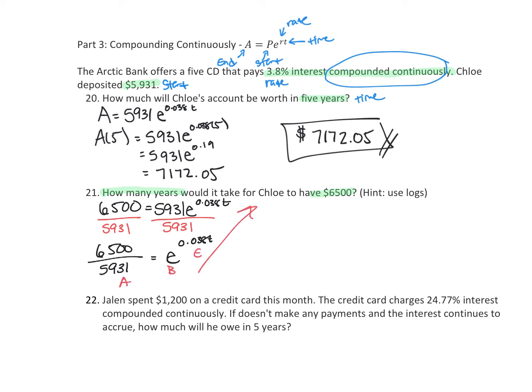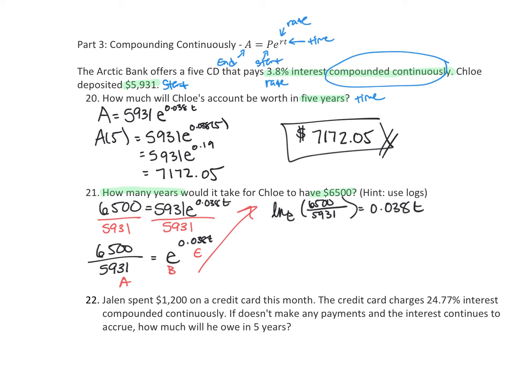So when I rearrange this, you can use logs. However, I know that E is the base of a natural log. So I'm going to write this as the natural log, base E, of our fraction 6,500 divided by 5,931 is equal to 0.038t. Now, in our previous problems, we'd have to use our change of base formula, but since E is already the base of a natural log, we don't have to do that.